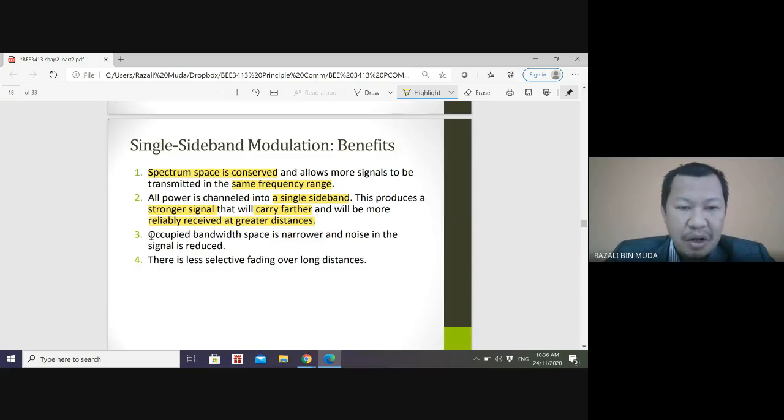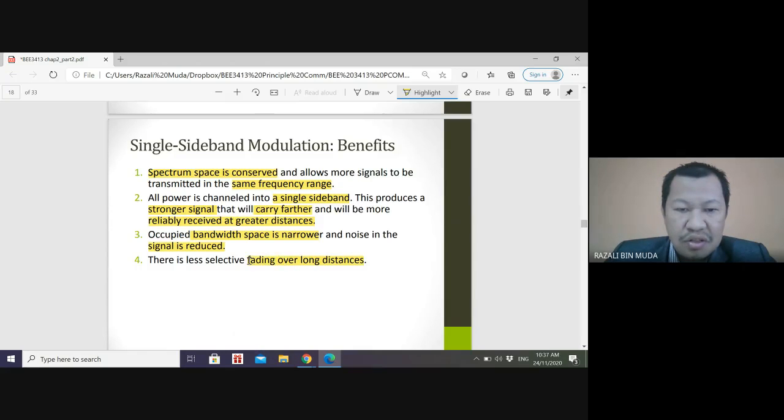Okay, the occupied bandwidth space is narrower, and noise in the signal is reduced. So basically you can reduce the noise if you use single sideband modulation. Number 4, there is less selective fading over long distance.